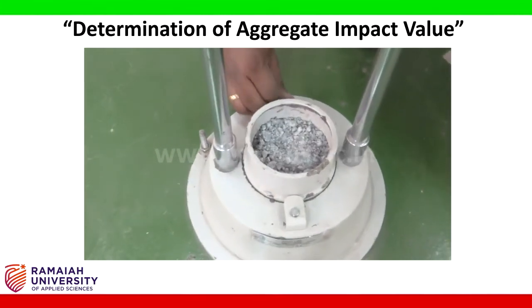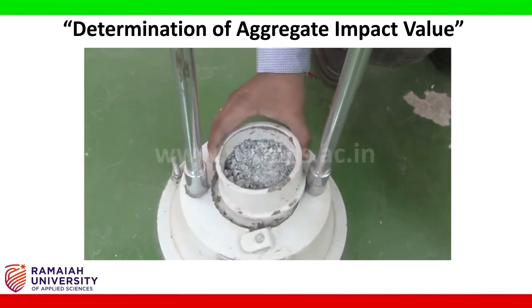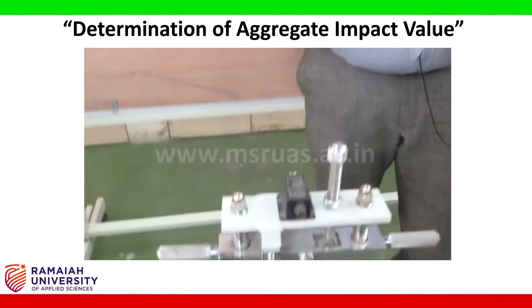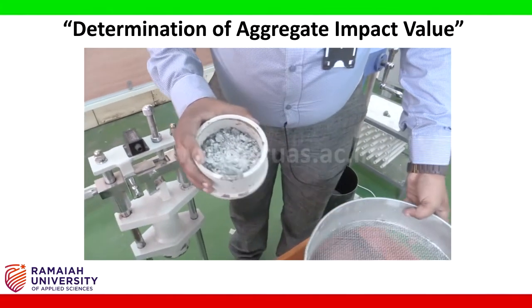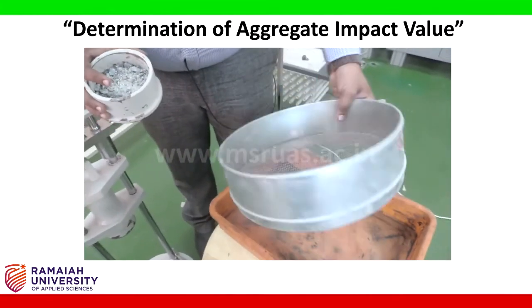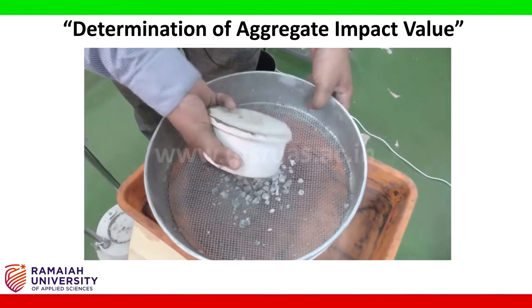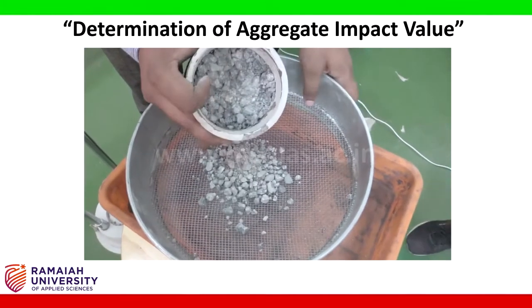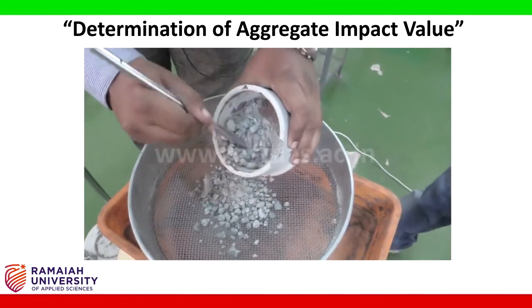After this, take out the impacted sample. After taking the sample from the aggregate impact testing machine, I am going to take a 2.36 mm standard IS sieve. I am going to put the impacted aggregate onto this. Use a tamping rod.